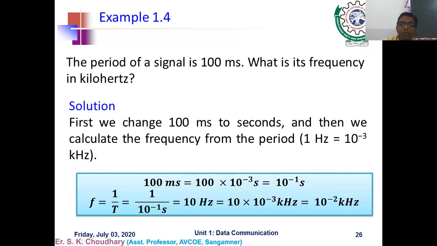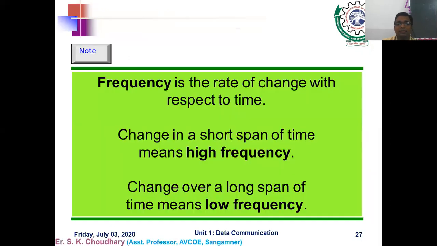Okay. Now see the relationship between whatever we have done now. Frequency is the rate of change with respect to time, everyone knows. If change happens in a short span of time, it is called high frequency. If change is over a long span of time, it is a low frequency signal. If the signal is changing rapidly, it is a high frequency, and if it changes very slowly, it is a low frequency signal.